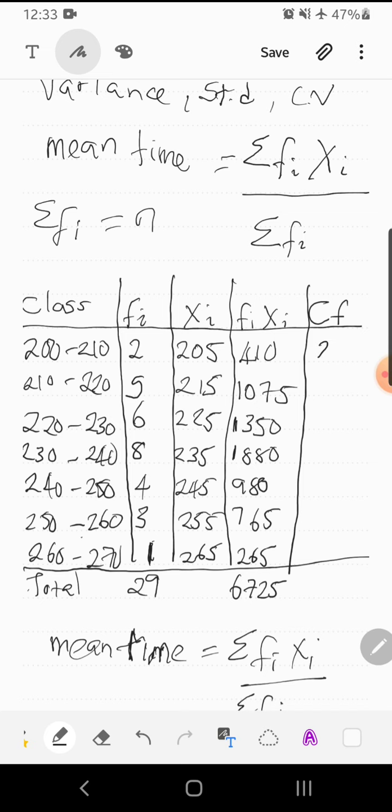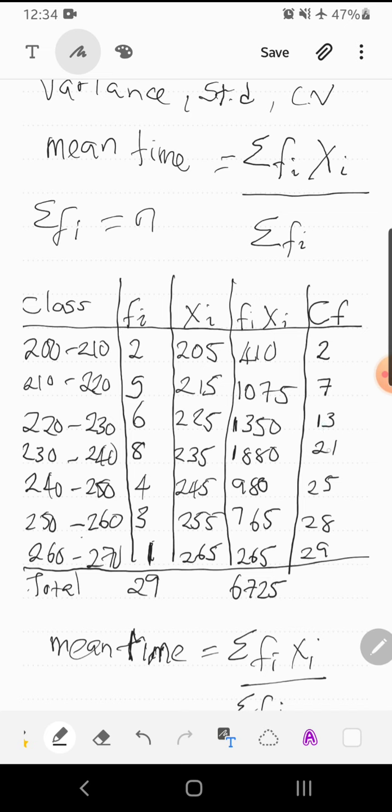So the cumulative frequency for the first class is 2, then we have 7, then we have 13, we have 21, 25, 28, 29. Now we are looking for the class in which we are going to find the 15th value. You can see here there are only 13.